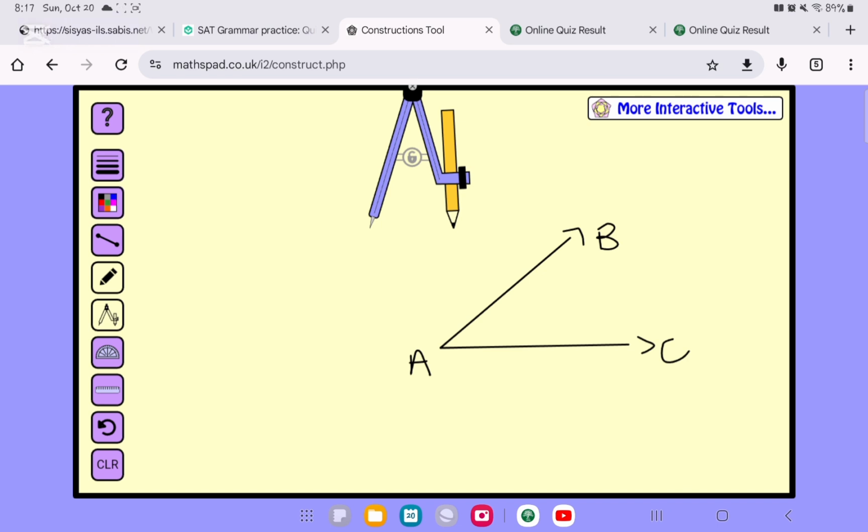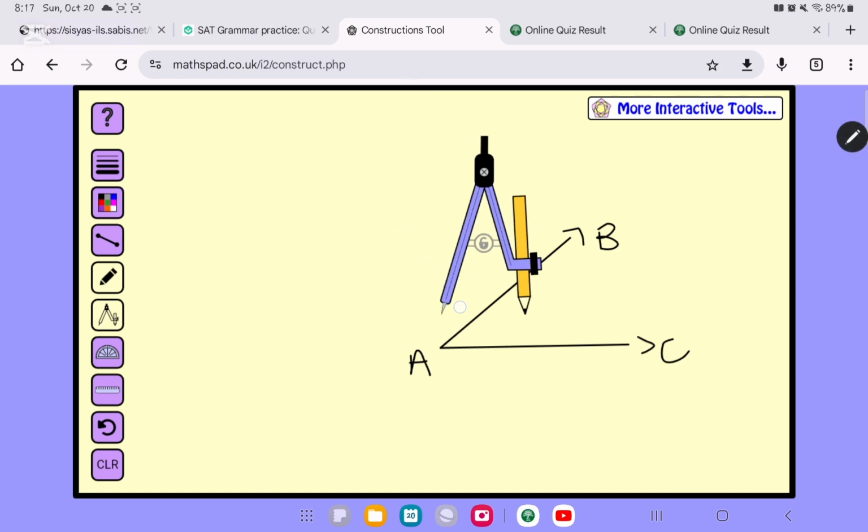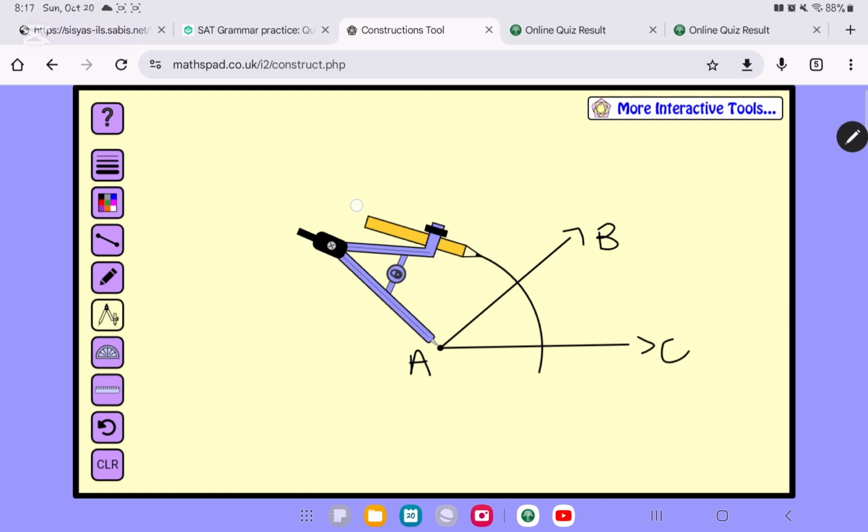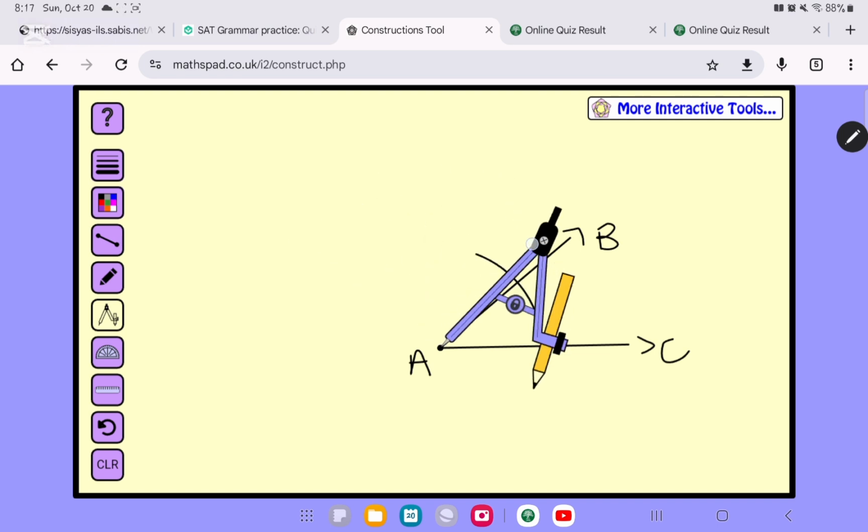Okay, the next step we're gonna do is that we're gonna take our compass, okay, we're gonna extend it to as much as we want. It's not a specific point. Then what are we gonna do? We're gonna draw an arc that cuts the angle BAC at 2 points.